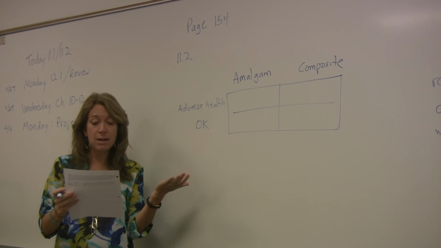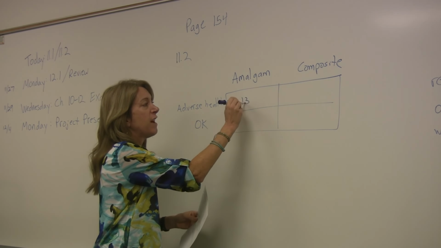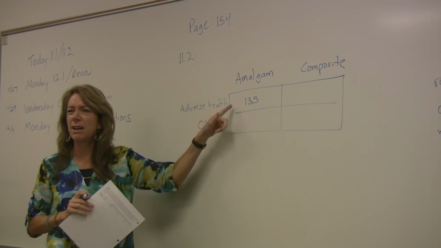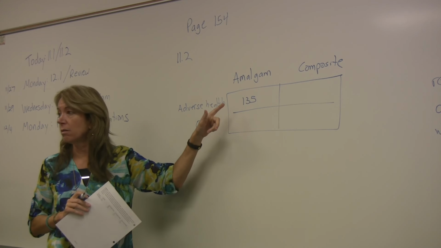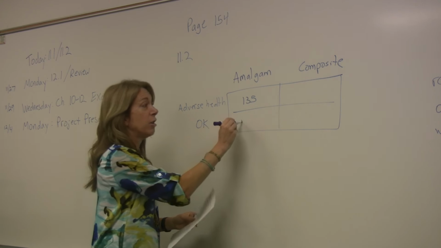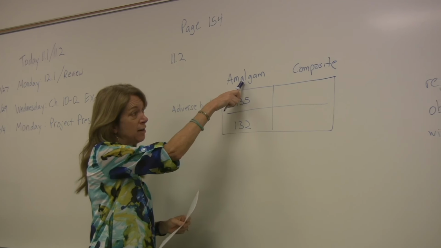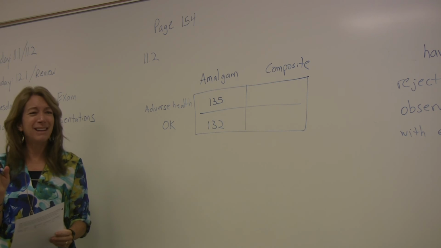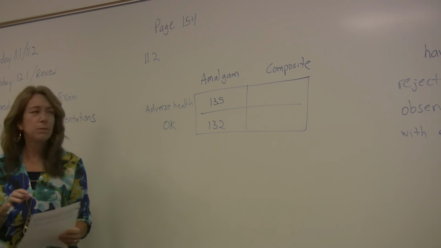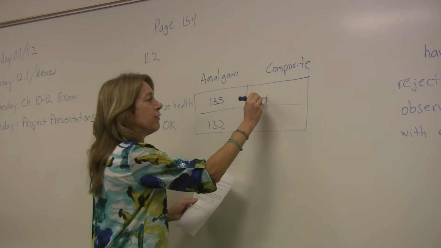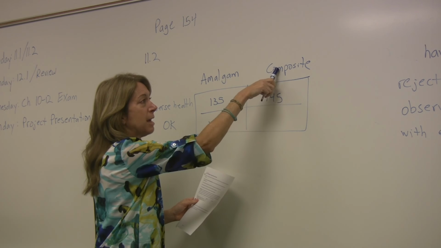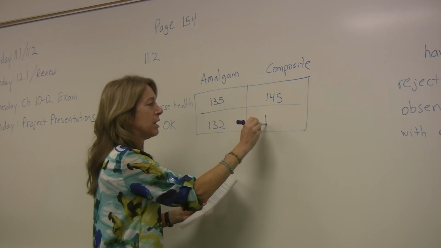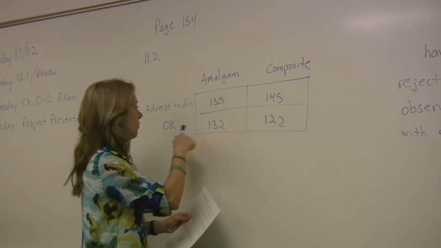So they just counted. They said, okay, there were 135 people who had this kind of restoration who had some kind of adverse health reaction, and there were 132 of them who had that kind of restoration that were okay. We saw these tables before, back when we did probability, just how many were in each kind of group. 145 had this type of restoration and had some kind of adverse health conditions, and 122 had that type and were okay.